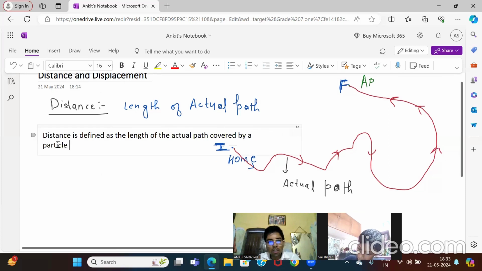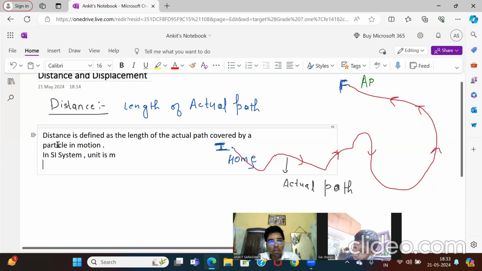Particle means your car, in motion. Clear? Unit, what is the unit of distance in the SI system? Meters. Unit is meter. Clear?